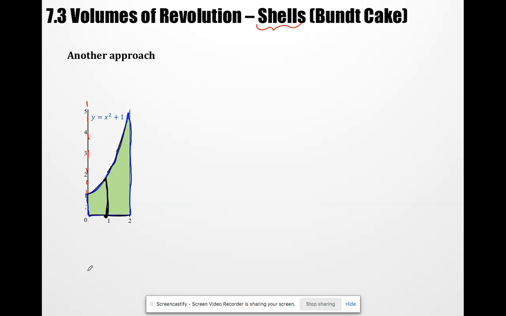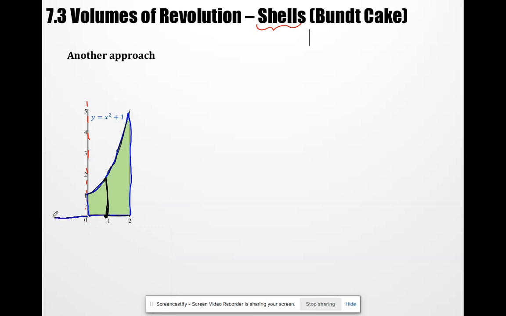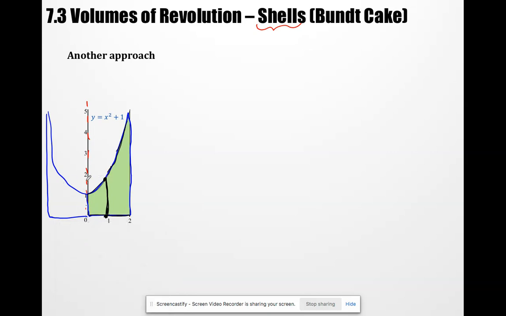I am still going to reflect this across the axis of rotation. I'm still going to draw the reflective point here and here, and the image of my strip.